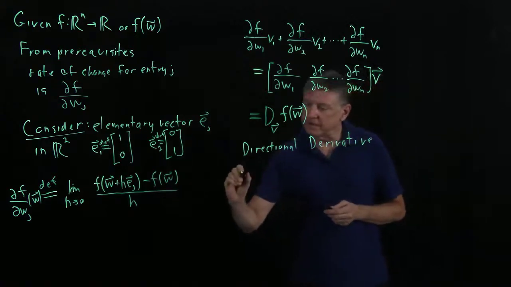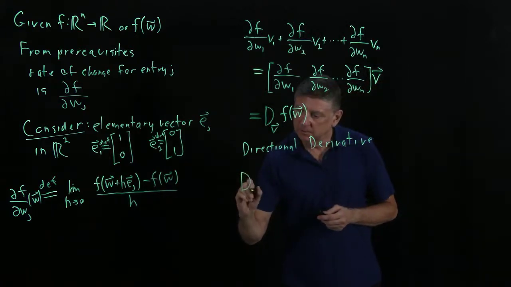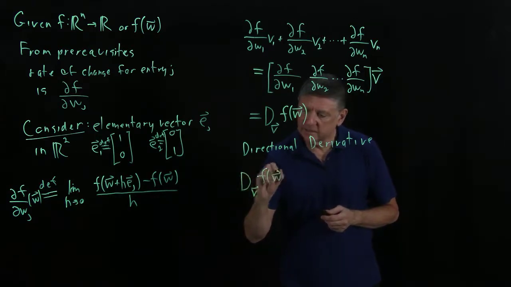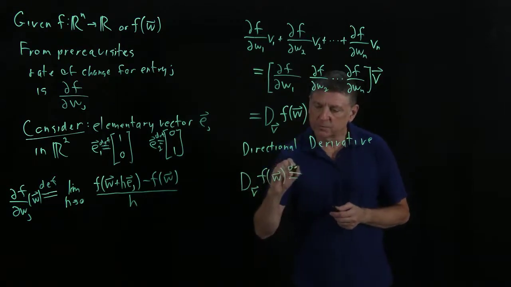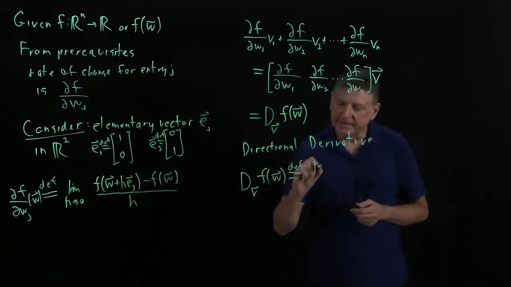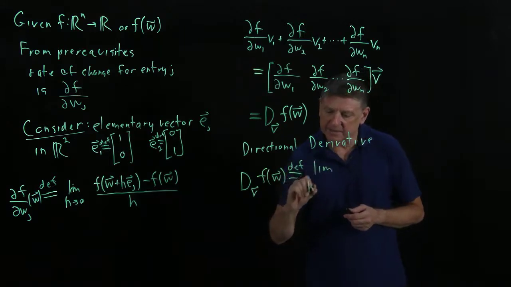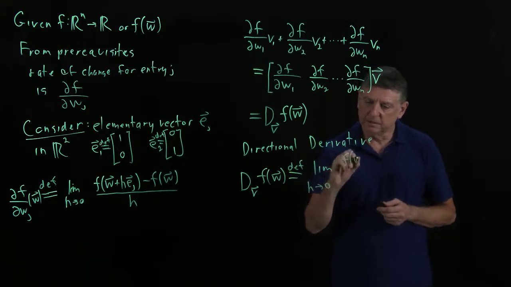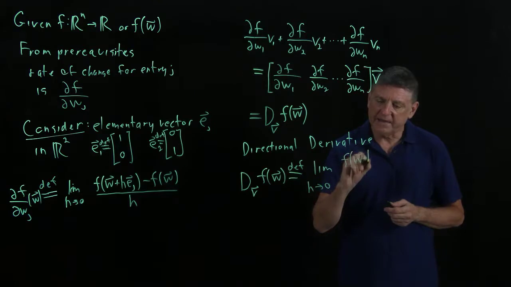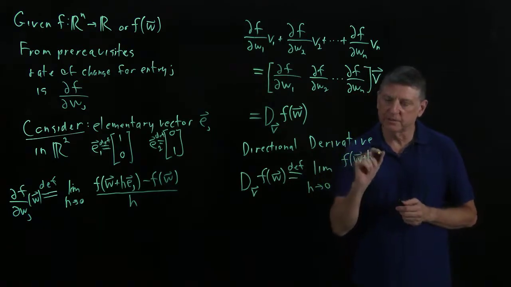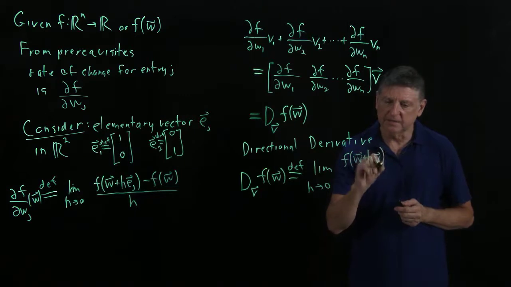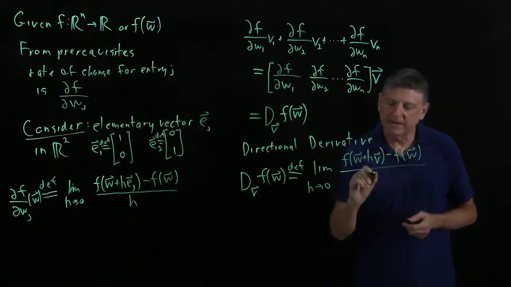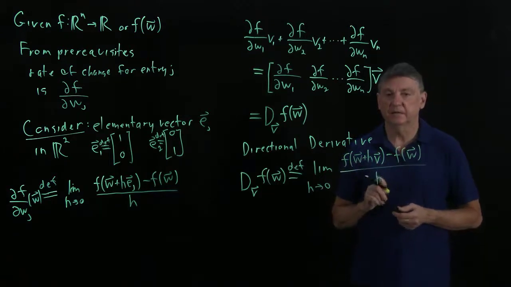We define the directional derivative in direction v of a function at an argument value, by definition, as the limit as a scalar value approaches 0 of: we take the function at its argument plus an infinitesimally small scalar multiple of v, we subtract the level of the function at the argument, and we divide that by this infinitesimally small scalar.